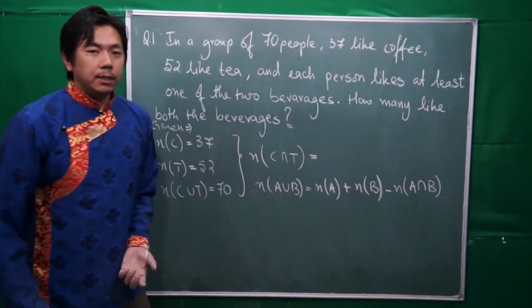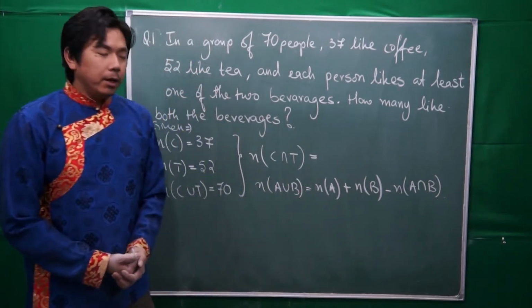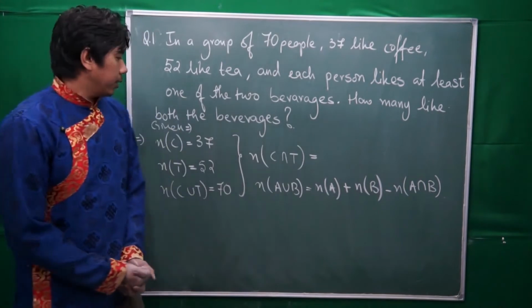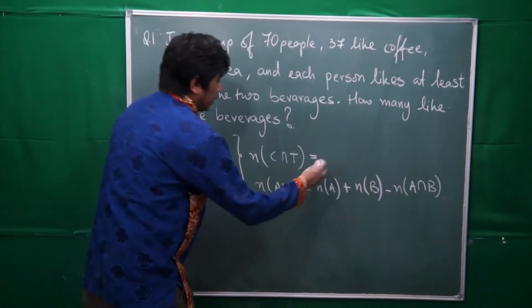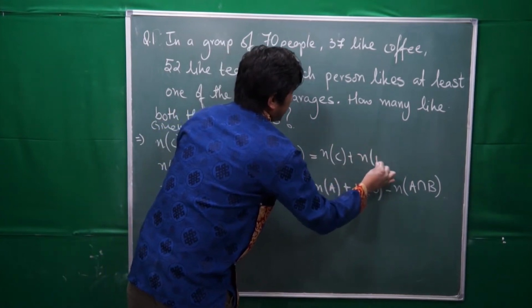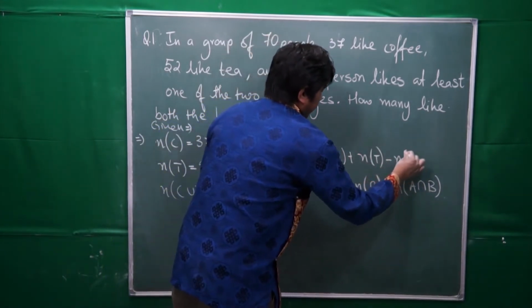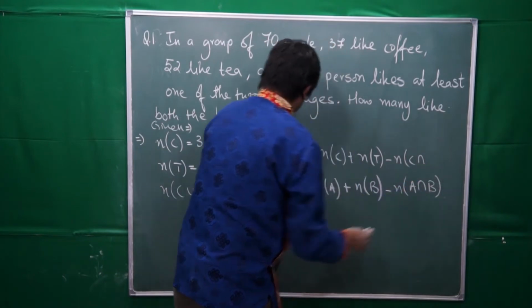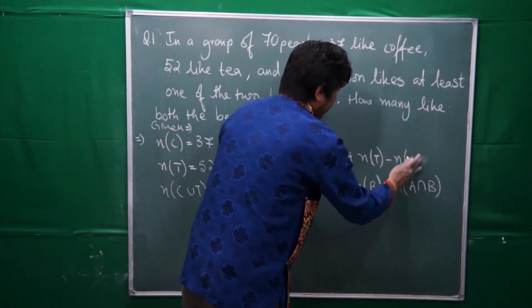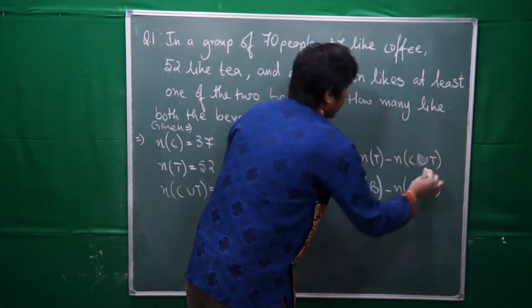The sign remains, the relation remains the same without any change. All you need to change is union to intersection. So same thing happens here. This should be the number of coffee plus the number of tea minus the number of coffee union tea, since the intersection has to be found.